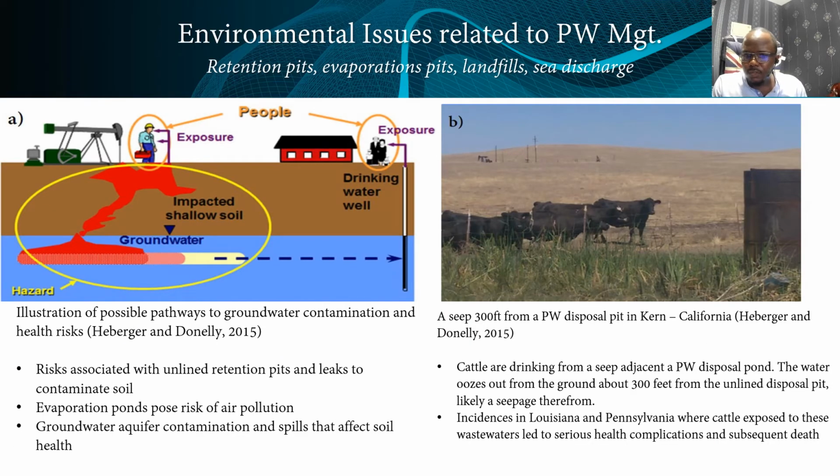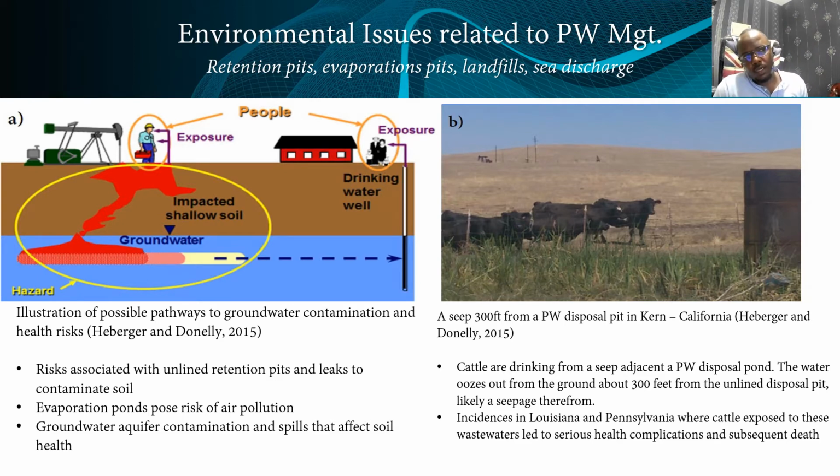So what are some of the environmental issues related to the current practices of management of produced water? Quickly here we look at the risk associated with, for example, unlined retention pits, where you could have some leakages that could contaminate the soil. Also, the evaporation ponds. There is also the risk of air pollution.